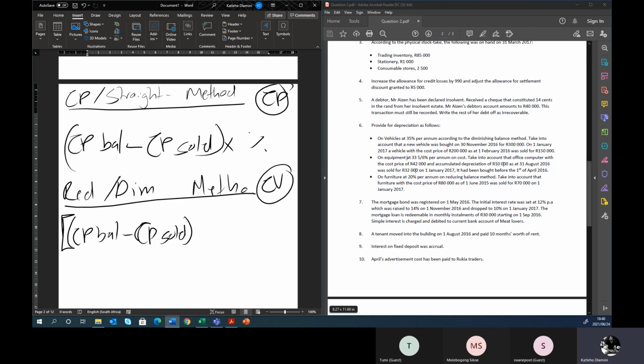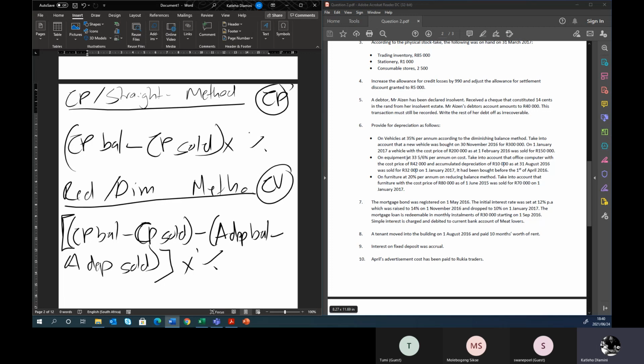That's not a bracket, that's just a C, by the way. Minus accumulated depreciation balance minus accumulated depreciation sold, close bracket, close final bracket, multiplied by the percentage. So it depends on which formula you have, okay?